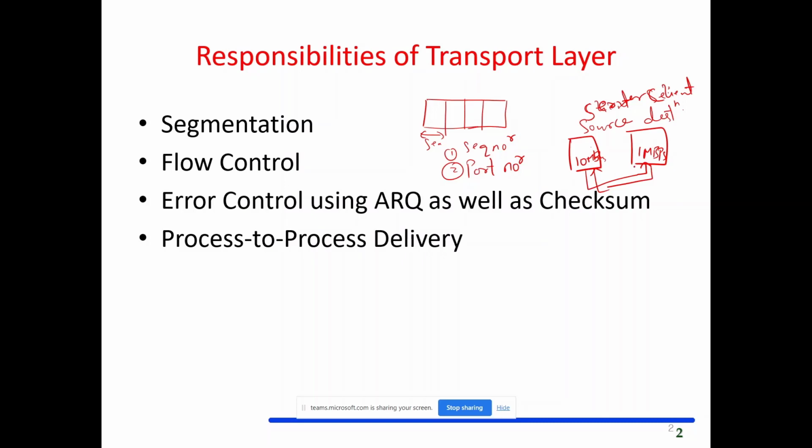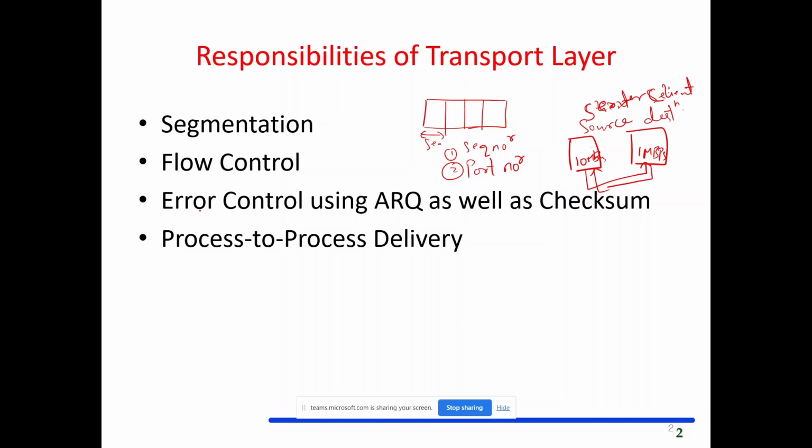If there is no speed matching, some loss of information will happen. That is all taken care of in the transport layer. A flow control mechanism will be there to control the flow of the data. All these responsibilities are taken care of here in the transport layer.